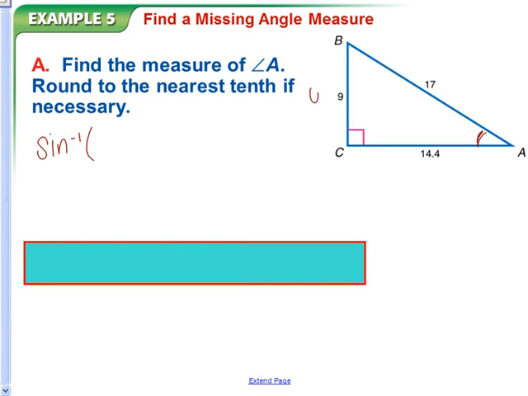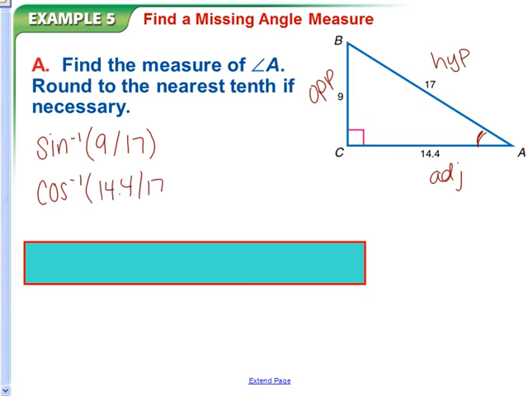Opposite of the angle would be 9, hypotenuse would be 17, and that side's the adjacent. So that would be 9 over 17. Cosine inverse would be 14.4 over 17, and tangent inverse is going to be 9 over 14.4. So you can pick any of those.